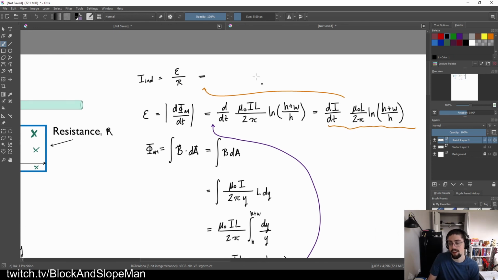I take this expression, I divide it by R. And I want you to keep in mind here that I'm writing 2πR, but that is not 2π radius, that is 2π resistance. Big difference. And there we have it, our final expression.